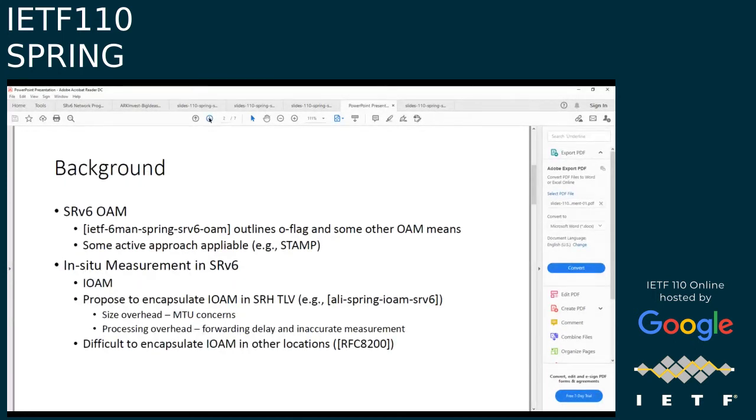But the issue is that it introduces a big size overhead, which causes MTU concerns, and it also makes the processing more complicated and may introduce some forwarding delay and inaccuracy. Also, due to the constraints of RFC 8200, there is some difficulty encapsulating the IOAM header in other locations of the IPv6 header.